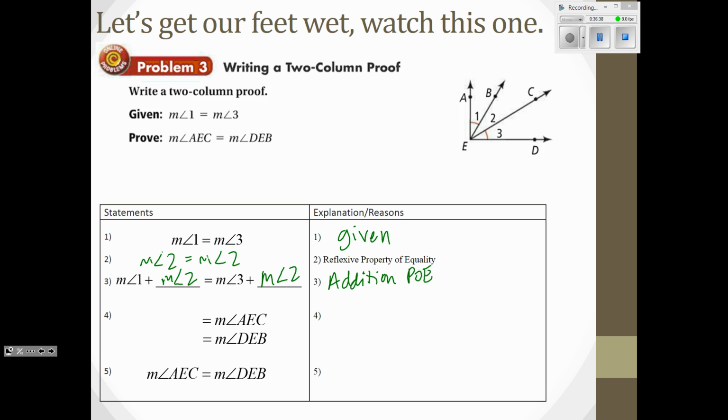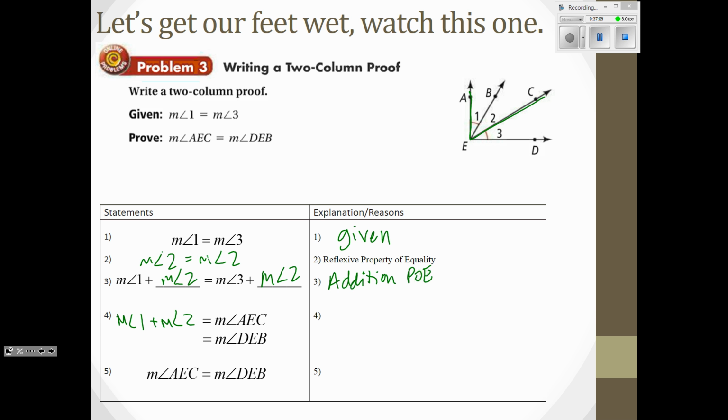Now, AEC, if I look at my diagram, is this angle right here. So if I look at angle AEC, what are the two smaller angles that make up angle AEC? Angle 1 and angle 2. They make up those angles. So I could say over here, the measure of angle 1 plus the measure of angle 2 is equal to the measure of angle AEC. What can I say on this next line for DEB?